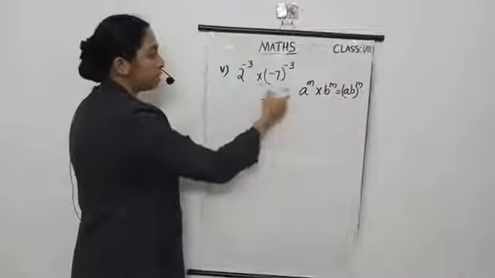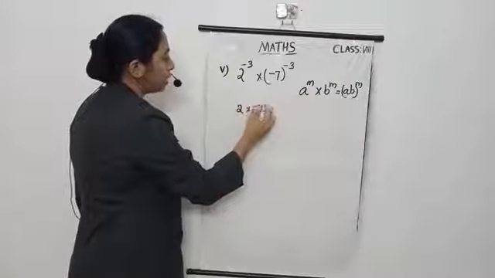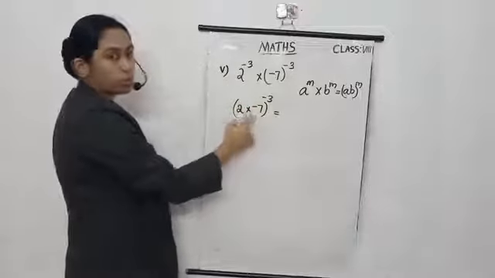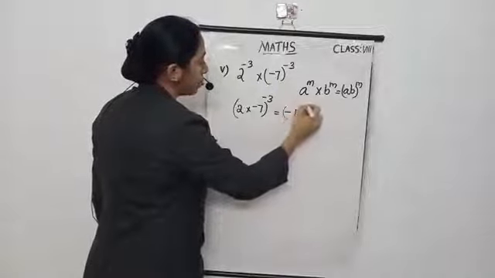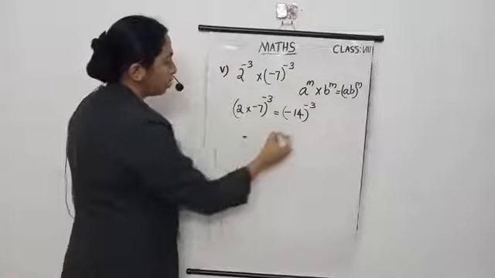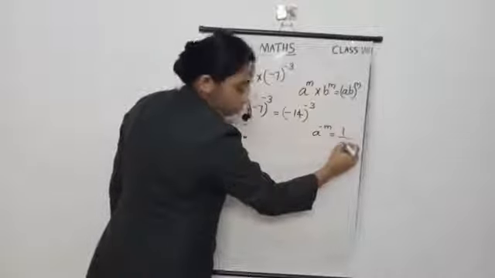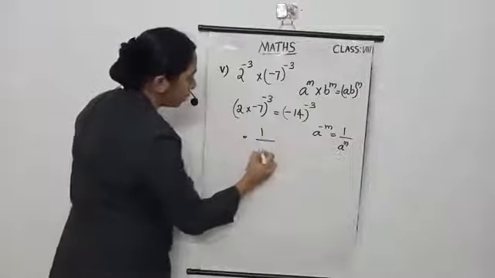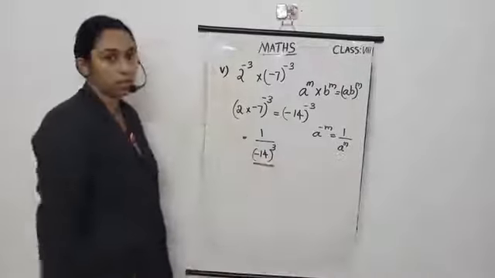So write this like this formula. 2 into minus 7 all raised to minus 3. Now 2 into minus 7 is minus 14 raised to minus 3. Now a raised to minus m equal to 1 by a raised to m. So this is 1 by minus 14 all raised to 3. So this is the answer.